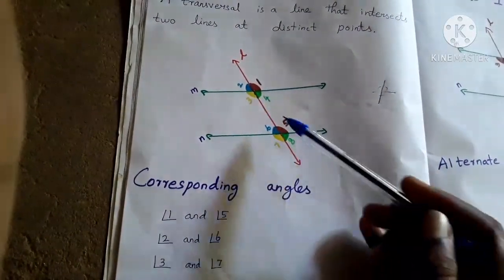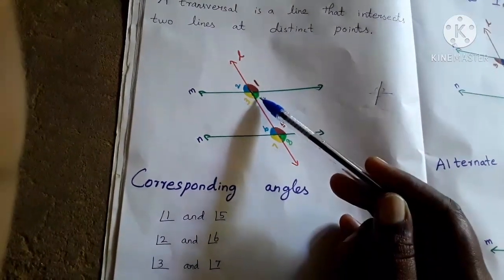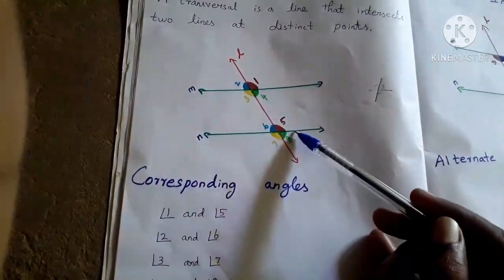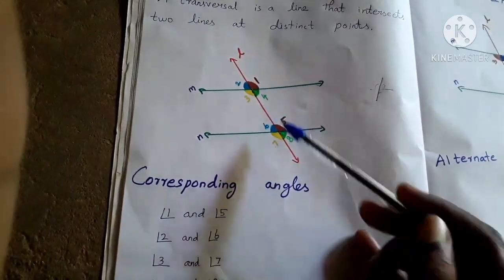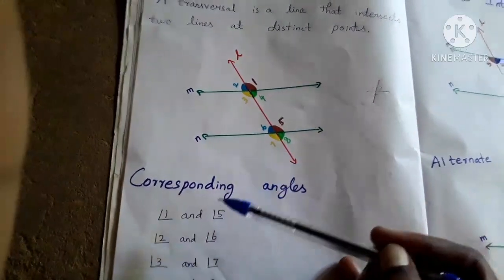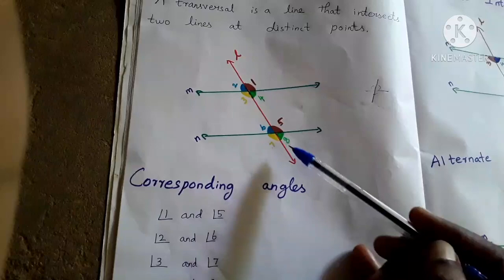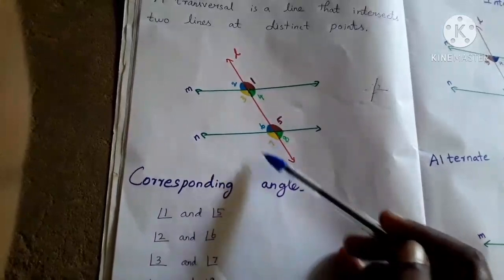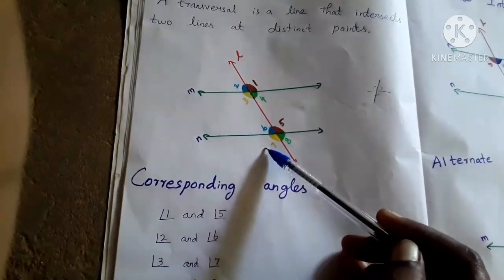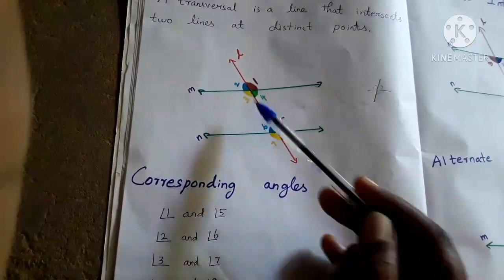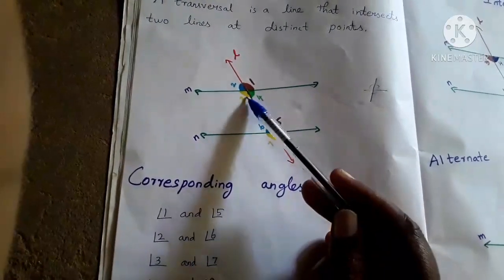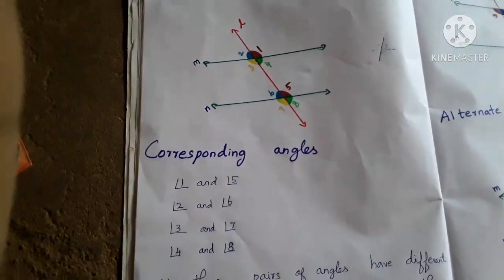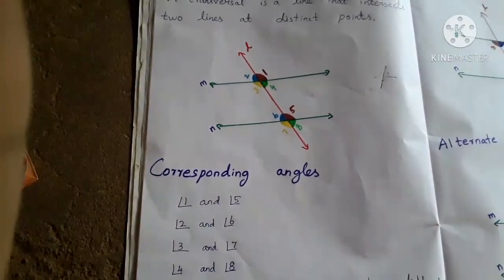They are marked on the right side of the transversal, but below the lines M and N. Next, angle 3 and angle 7 are also marked on the left side of the transversal, below the lines M and N. So 3 and 7 are also called corresponding angles.